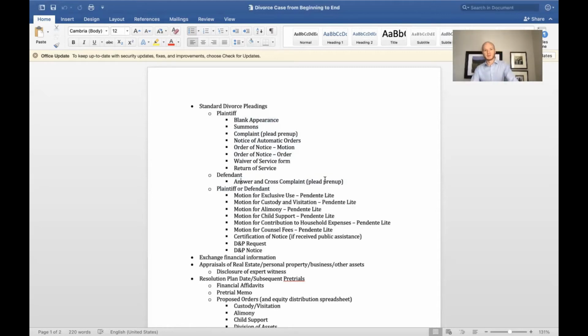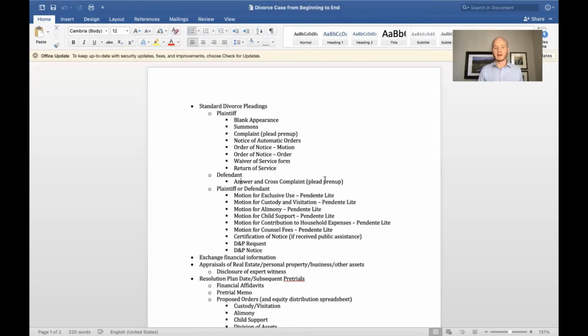And the reason we want to do that is because if, let's say, the plaintiff files a divorce case and then 6 months later they decide, oh, I don't want to pursue this anymore, I don't want to get a divorce, they can withdraw the divorce and then it goes away. And if we're the defendant, our client may say, all right, well, they don't want to pursue a divorce anymore, but I do.